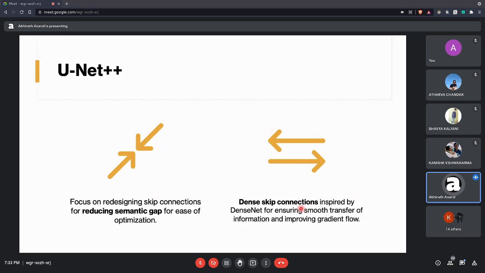For those of you who are familiar with DenseNet, this will be very familiar. Dense skip connections are basically, instead of just skipping ahead within one block, all layers from previous blocks are connected to all layers in front, and this is again smooth transfer of information and improving gradient flow.